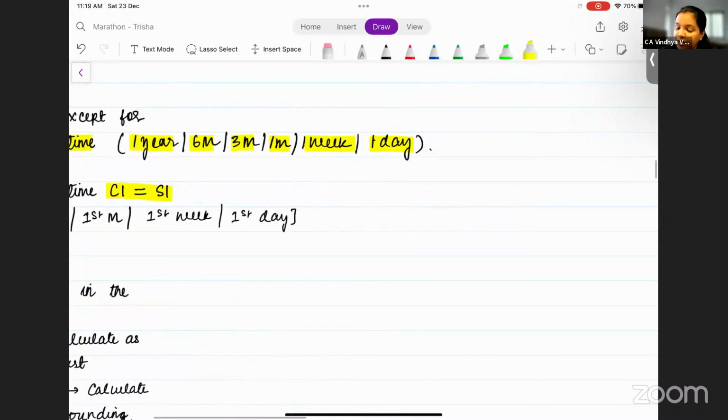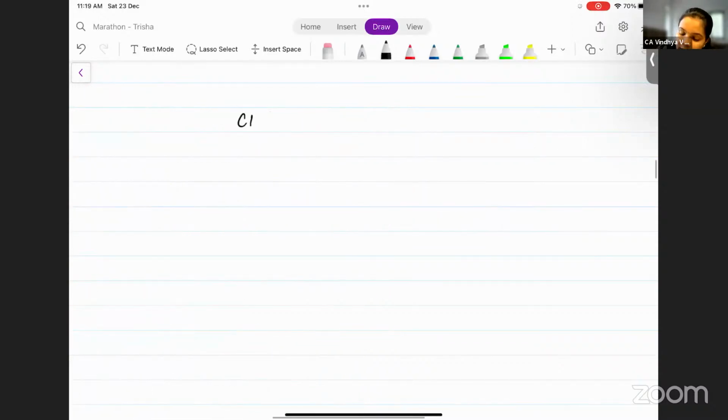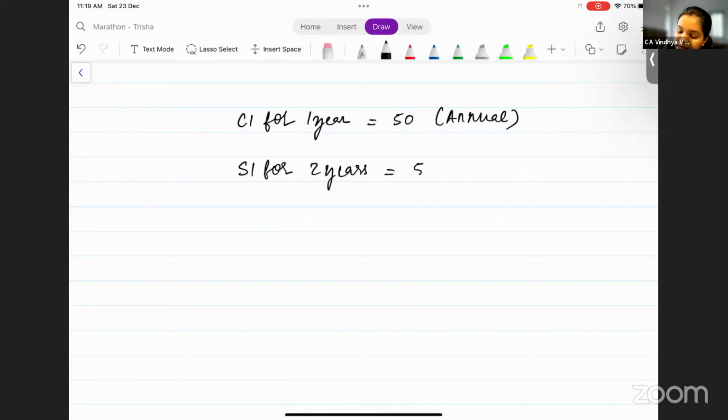Now, for example, if I say compound interest for 1 year is 50 rupees, that is annual compounding. And if I ask you to find the simple interest for 2 years, this is nothing but 50 into 2. How, if you ask me? What is annual compounding? Interest is added to the principal every year. So in the first year, simple interest and compound interest will remain the same.